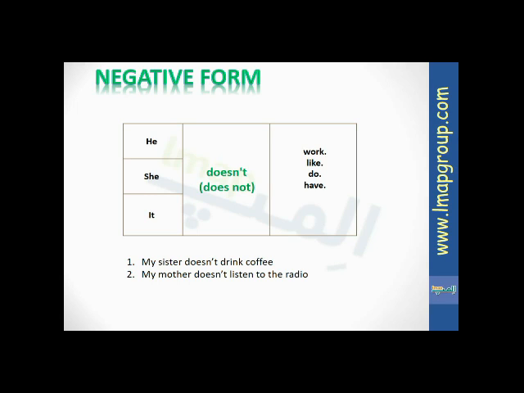He doesn't work. او کار نمی کند. She doesn't like. او دوست ندارد. It doesn't have. او آن چیز، آن شی یا آن حیوان ندارد. Okay? For example, my sister doesn't drink coffee. خواهر من قهوه نمی نوشد. Number 2, my mother doesn't listen to the radio. مادر من به رادیو گوش نمی دهد. Okay?